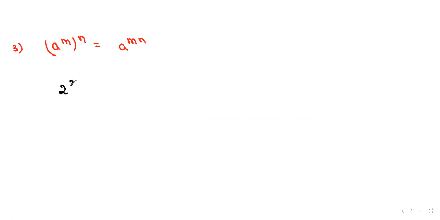So 2 raised to 2, and then raised to 3. Using this property, m and n are multiplied, so this will become 2 raised to 2 into 3. When there is nothing between them, that means multiplication only. So this will become 2 raised to 6, and 2 raised to 6 is nothing but 64. So this is the answer.